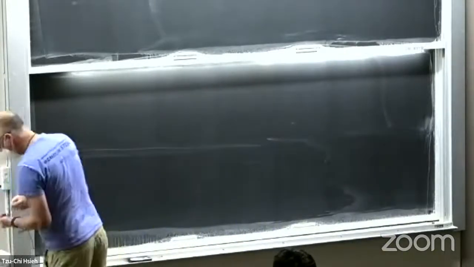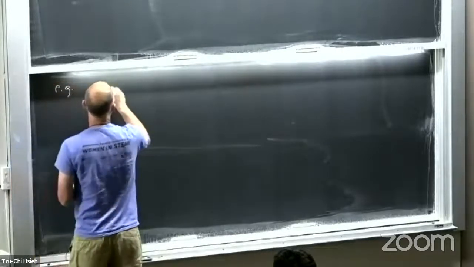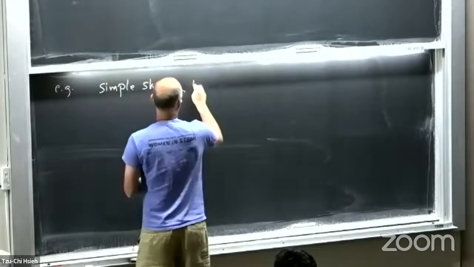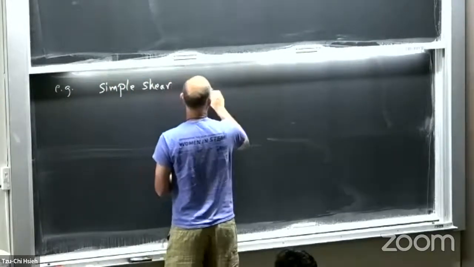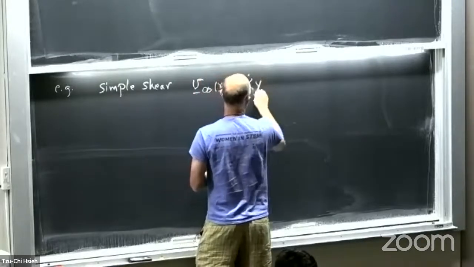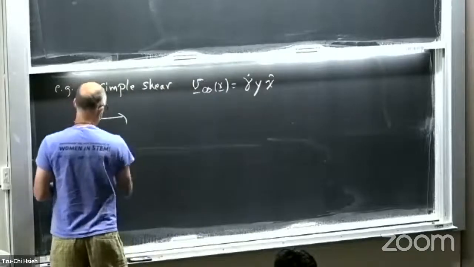see if I can draw this. So now I'll say that the background flow is gamma dot times y in the x hat direction. So that looks like this.